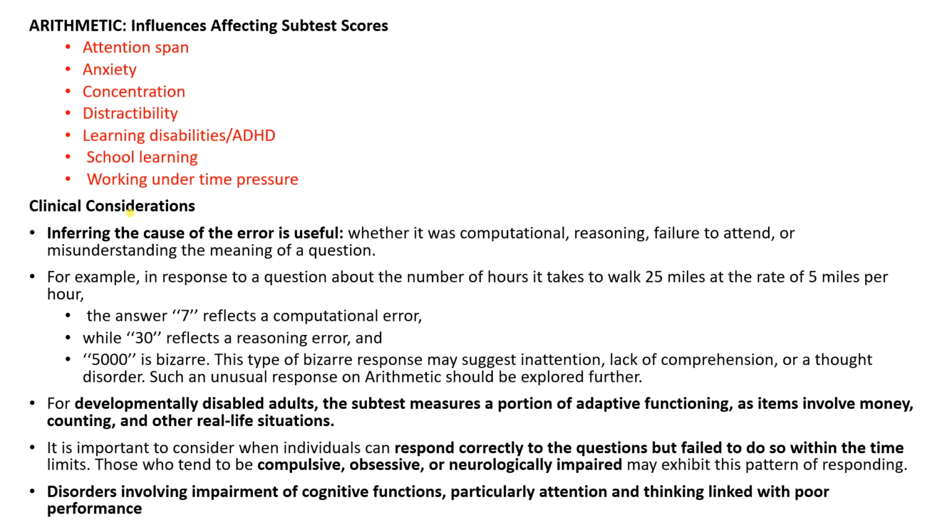Similarly, if someone is saying 5,000, then it indicates really a pathology, a very bizarre, very rare response, and this type of bizarre response suggests either inattention, lack of comprehension, or even a thought disorder like in various psychotic conditions. So, this is one important qualitative approach for extracting clinically or diagnostically useful information from this subtest.